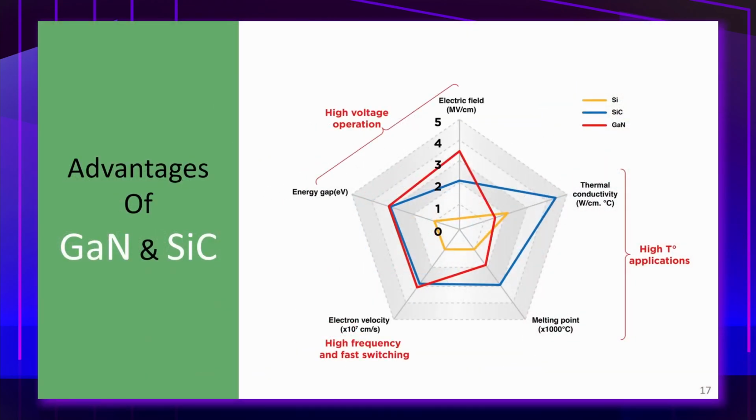Gallium nitride and silicon carbide are a class of compound semiconductors with so-called wide bandgap, which have unique material properties for high power and high efficiency applications due to their high breakdown field, which makes them ideal for high voltage and high power applications.